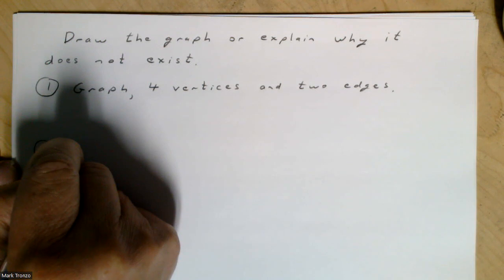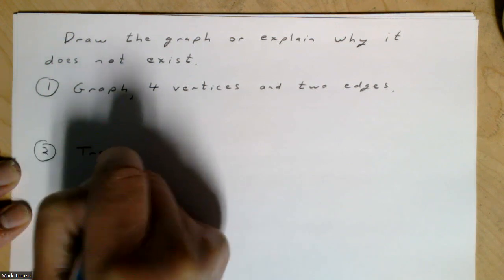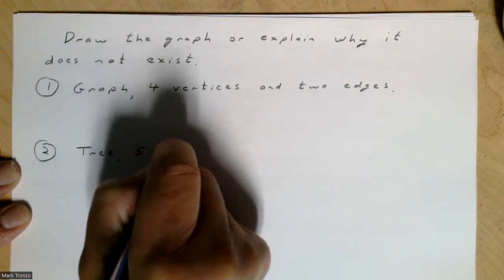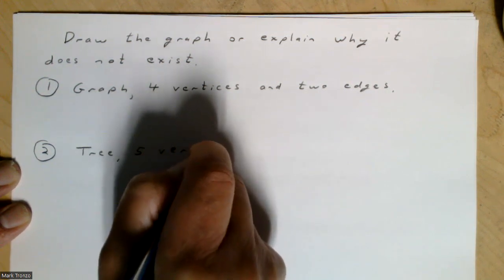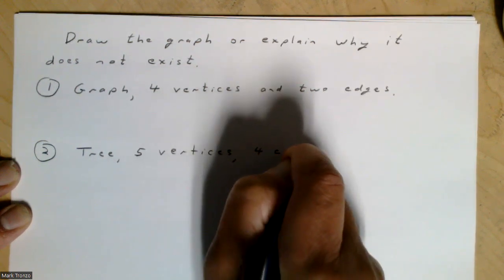And number 2, a tree with 5 vertices and 4 edges.